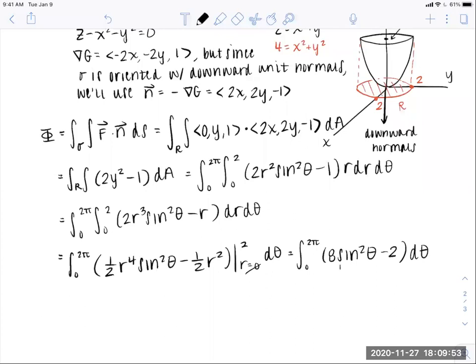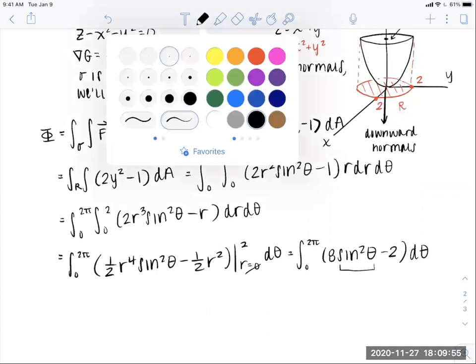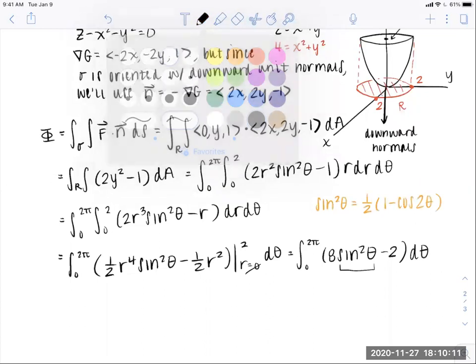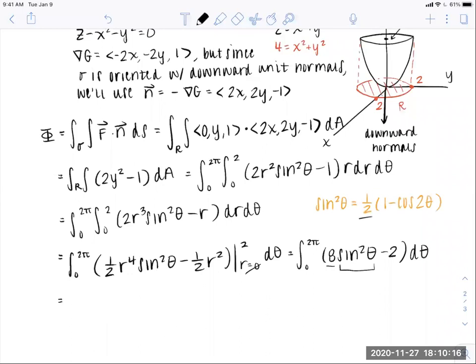And next, let's take care of this sine squared. As a reminder, our half angle formula says that sine squared is 1/2 of 1 minus cosine 2 theta. So I'm going to use that identity from trig here. The 1/2 is going to simplify with the 8 to a 4. So we have 4 times 1 minus cosine 2 theta minus 2 d theta.